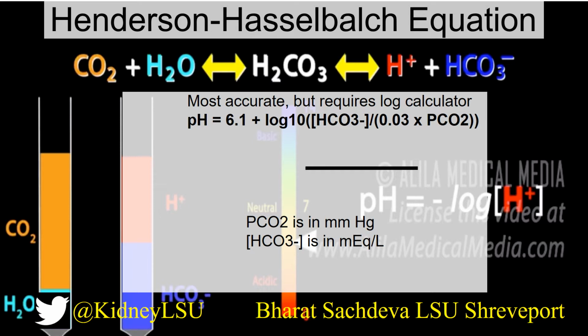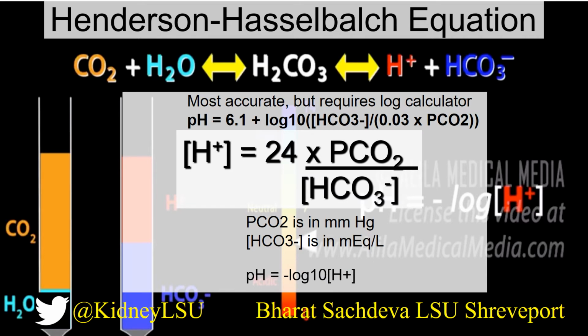It still holds good. For any given acid, it's going to dissociate into a base and the hydrogen ion, and the hydrogen ion concentration can be calculated based on the Ka value for any given acid.